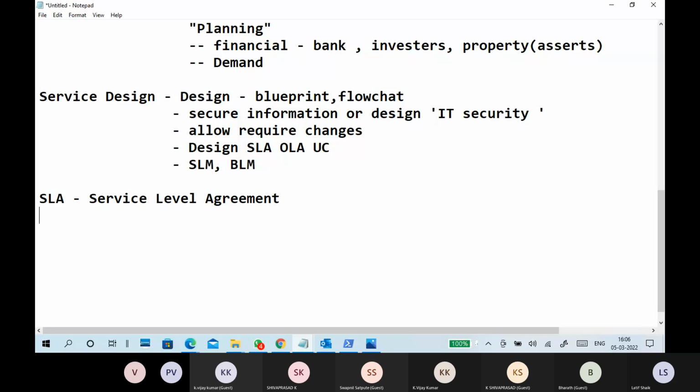Okay, this is service level agreement. Understand service level agreement? It means it is a contract. It's a contract between customer and service provider.